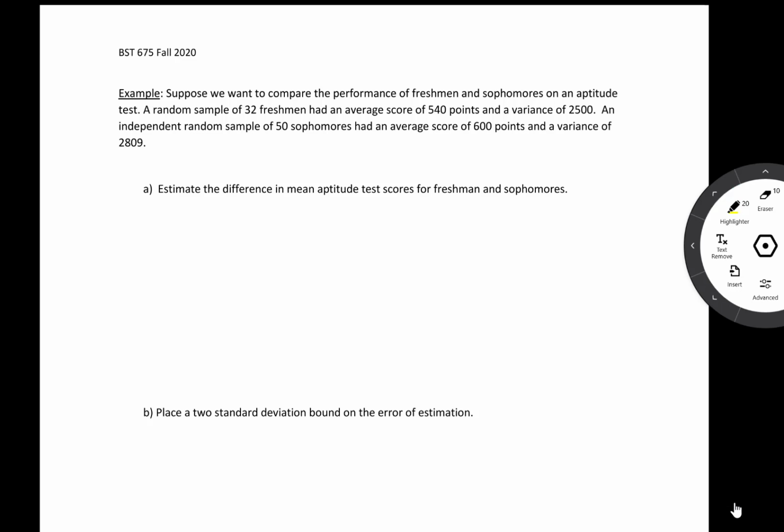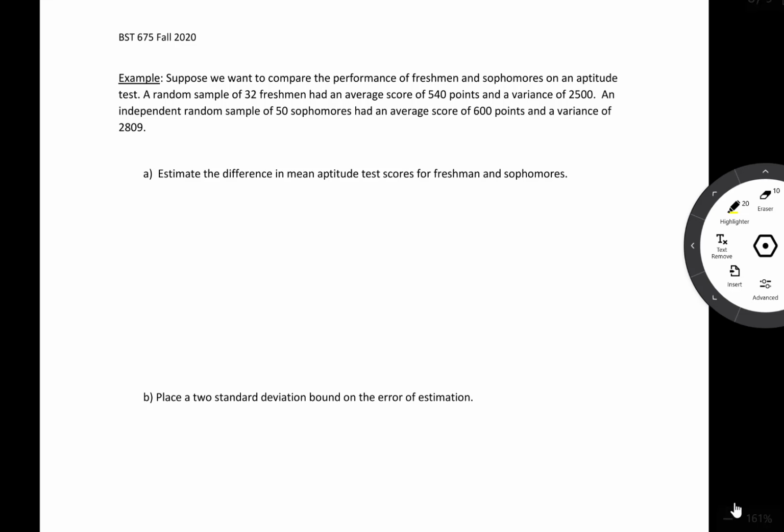Suppose that we want to compare the performance of freshmen and sophomores on an aptitude test. A random sample of 32 freshmen had an average score of 540 points and a variance of 2,500. An independent random sample of 50 sophomores had an average score of 600 and a variance of 2,809. So first we're going to estimate the difference in mean aptitude scores for the freshmen and the sophomores. Before we do that, let's summarize our sample information.